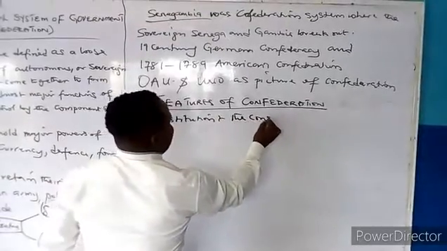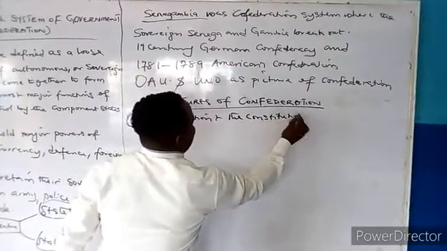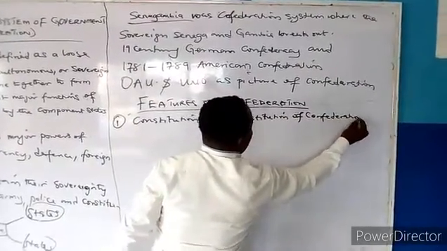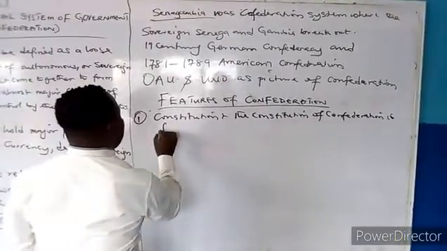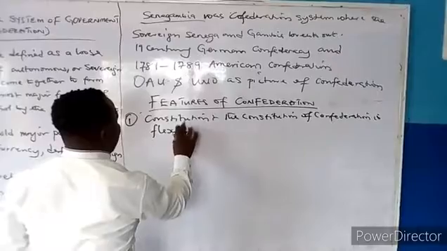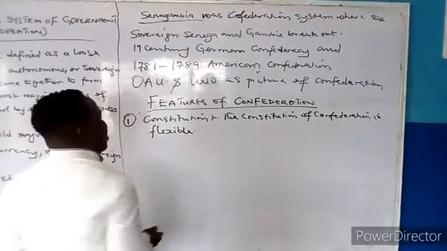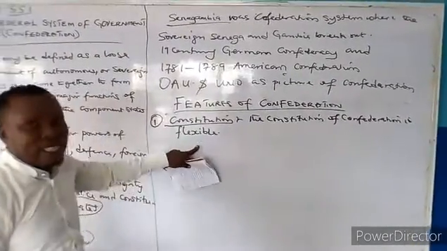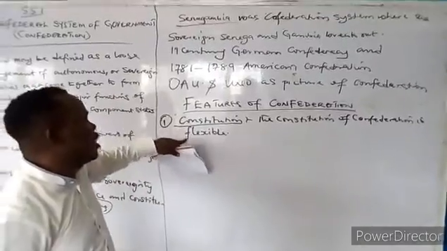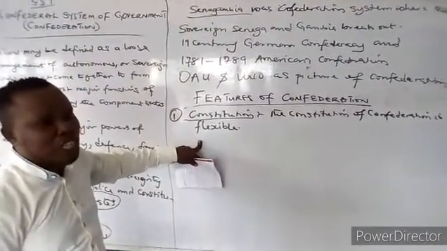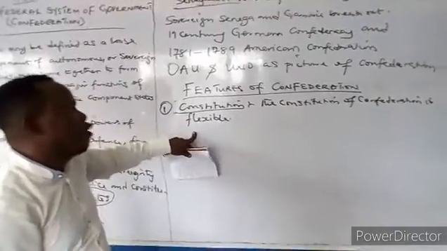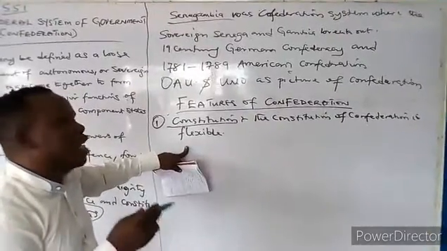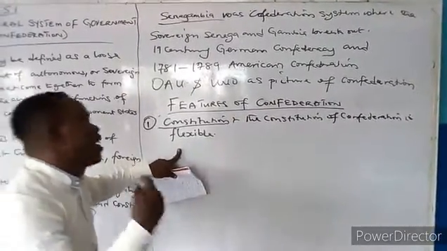The constitution of a confederation is flexible. That means the constitution has a flexible nature for amendments. It's not like the federal system of government where the constitution is rigid and takes procedure before you amend. But for confederation, the constitution is flexible and is subject to quick or easy amendments.